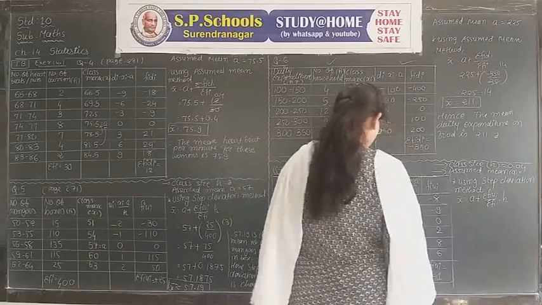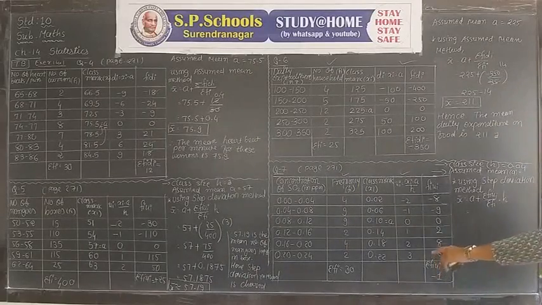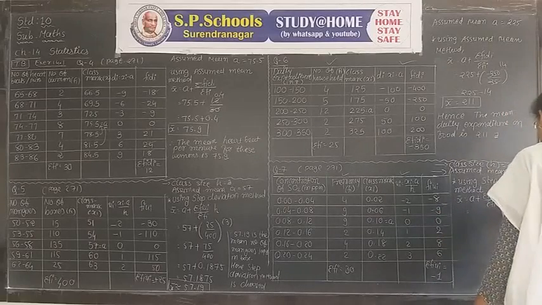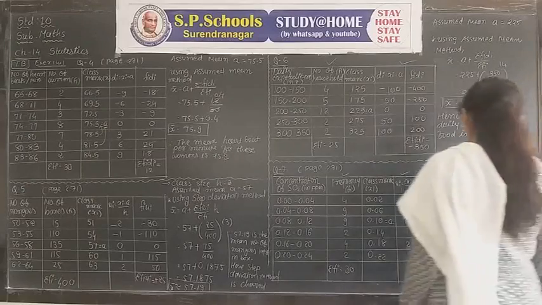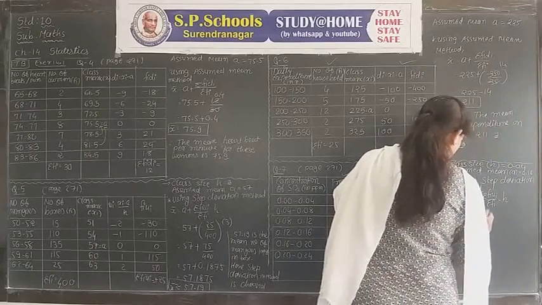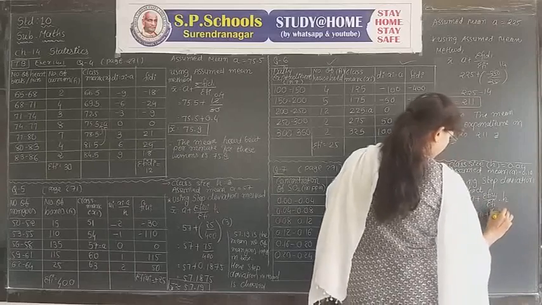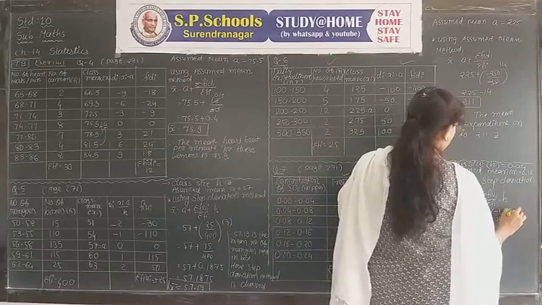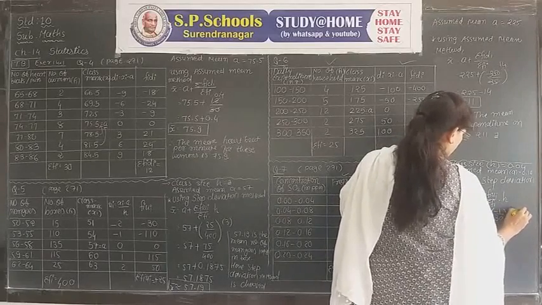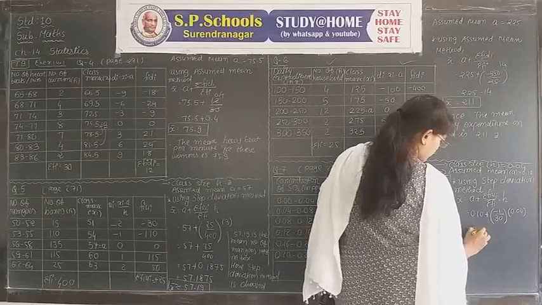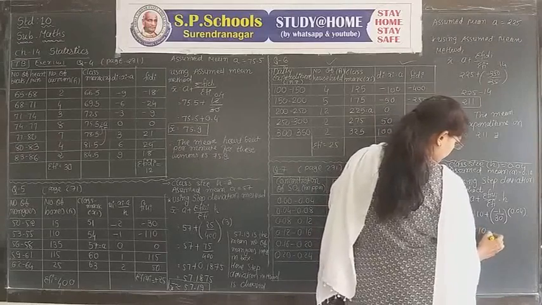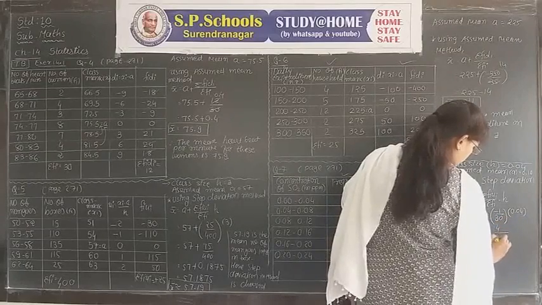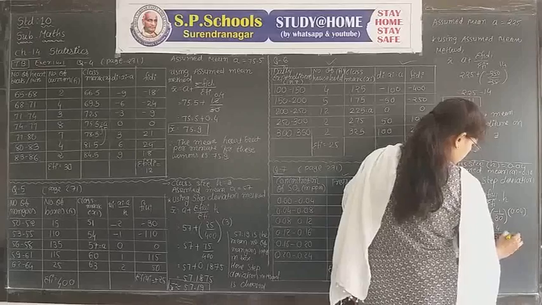We substitute the values. Before substituting, write the assumed mean. Here the assumed mean A is equal to 0.10. A is 0.10 plus sigma Fiui, -1, upon sigma Fi, which is 30, and the class size h is equal to 0.04. So 0.10 plus minus times 0.04 means 4 upon 30, and 2 zeros are there.